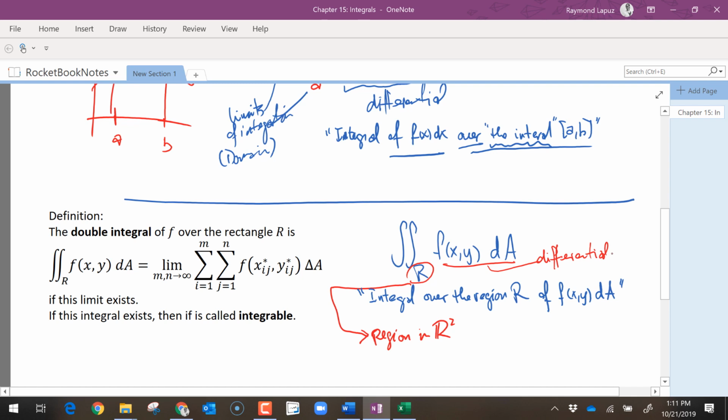But our differential, at least the differential that we learned, has dx, dy, right? So what we need to make note for ourselves is that dA actually stands for dx dy.